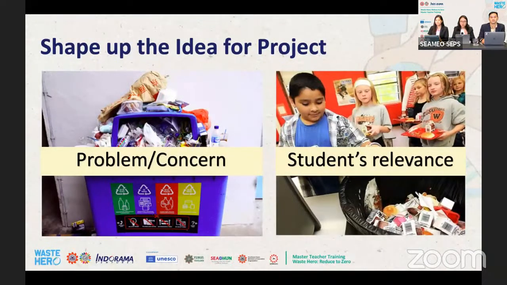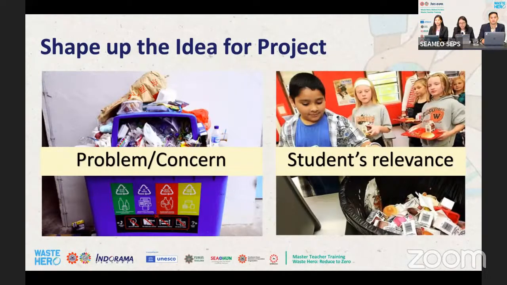And there are two basic conditions that we might consider when we shape up the idea for any project for students. The first one, as you see, is that we have to ask our students about the recycling problem. What are the effects on their life? And the second one is student relevance. Student relevance means whether the topic of the project is related to student experiences or not.